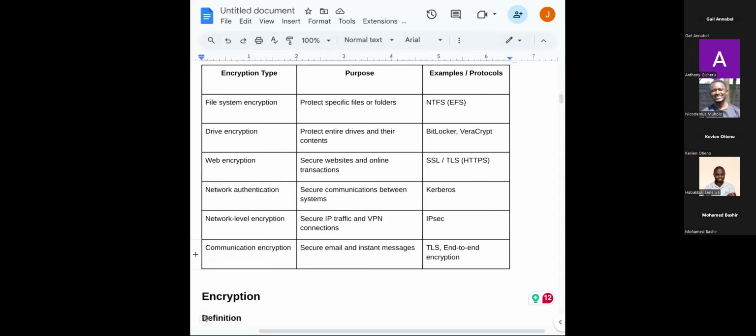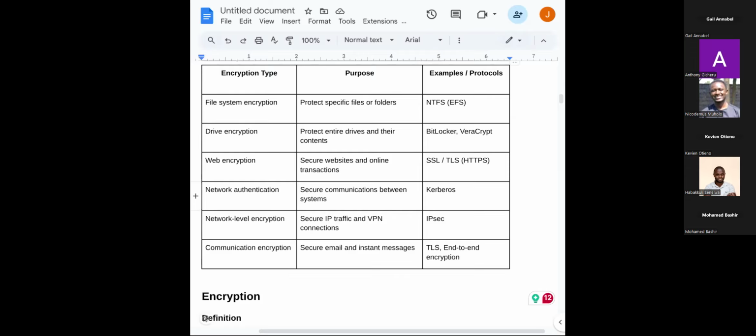Encryption type, purpose, examples of protocols. File system encryption protects specific files or folders. We have an example, NTFS or EFS. Then drive encryption protects entire drives and their contents. Examples are BitLocker and VeraCrypt. Then web encryption secures websites and online transactions. Examples are SSL/TLS and HTTPS.